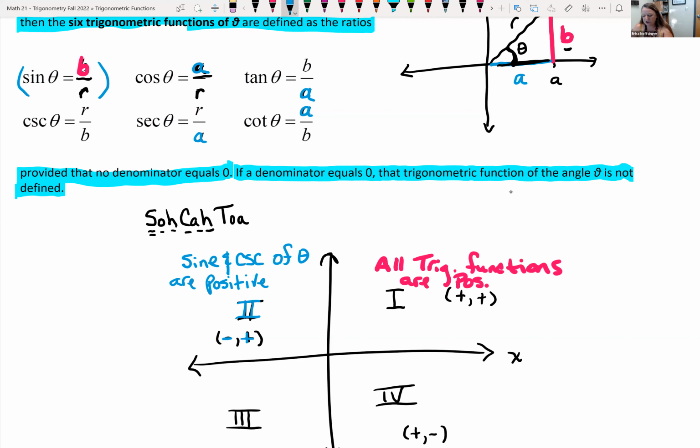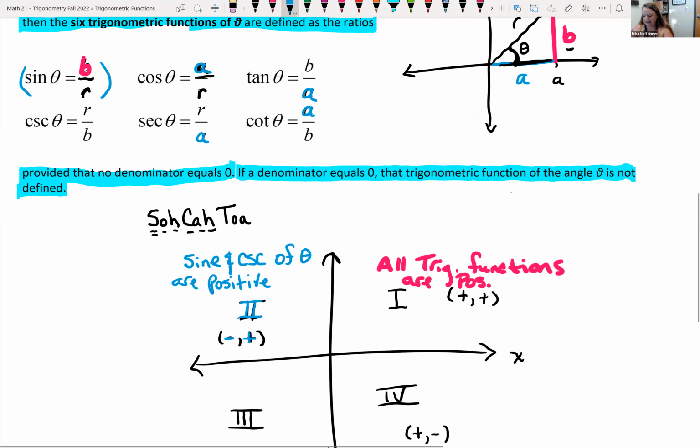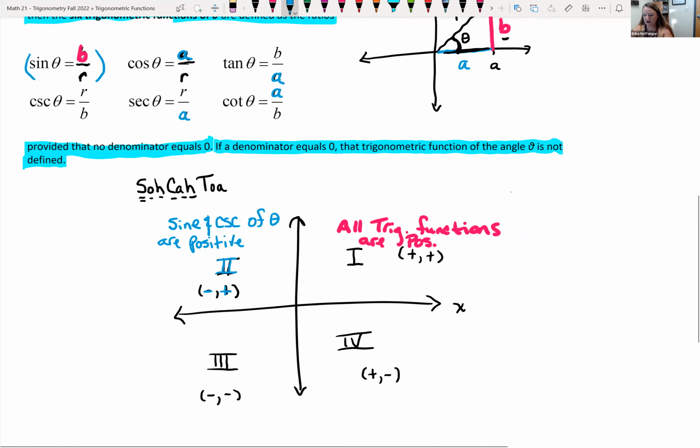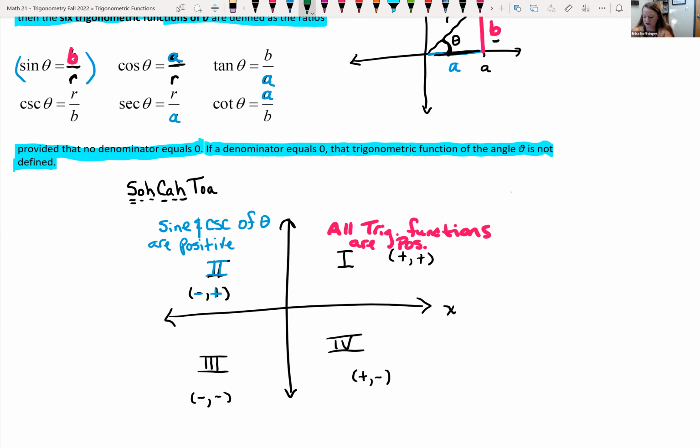If we move down to quadrant 3, we had stated that both X and Y are negative. And so if we think about the ratio of sides, again, this was our point A, B. If they both have A and B in that ratio, a negative divided by a negative is positive. And so the only ones that have both A and B in here are our tangent and our cotangent.